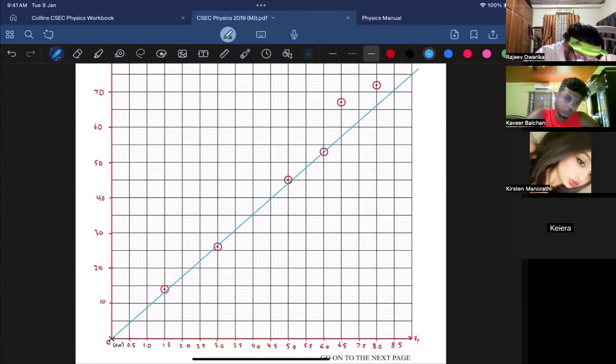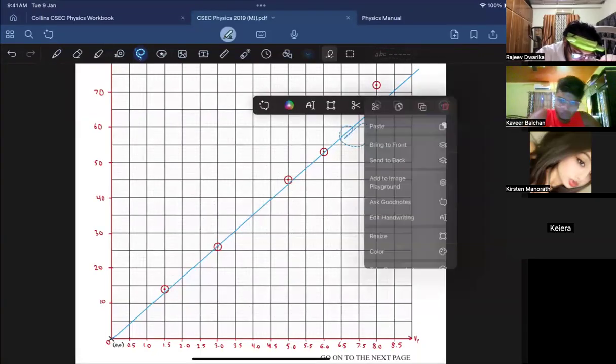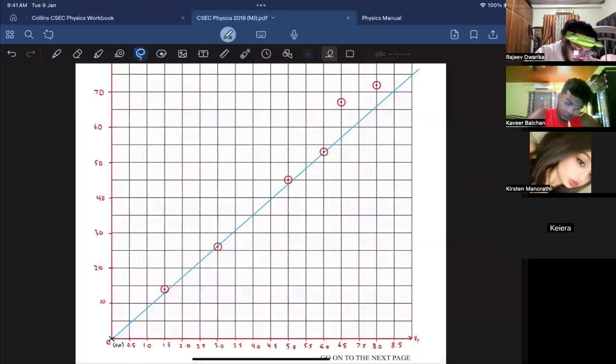Where's the first one? Wait, how many coordinates? No, never mind, not the first one. Wait, put back the line. All right, the fourth one. What do you mean by coordinates? The fourth one, the line went directly through it. So what is that point?